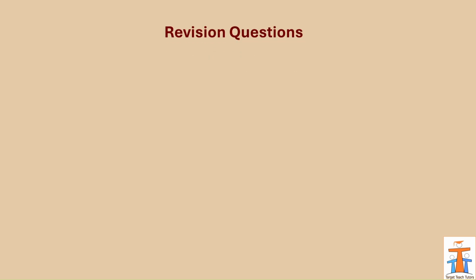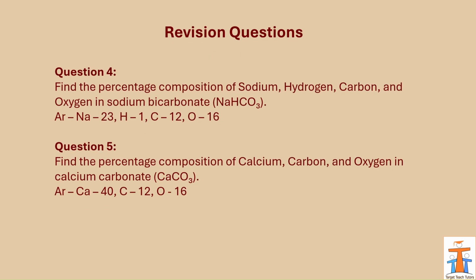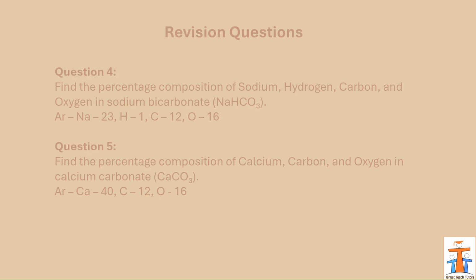Question 4. Find the percentage composition of sodium, hydrogen, carbon and oxygen in sodium hydrogen carbonate. Relative atomic mass of sodium is 23, hydrogen is 1, carbon is 12, oxygen is 16. Question 5. Find the percentage composition of calcium, carbon and oxygen in calcium carbonate. Relative atomic mass for calcium is 40, carbon is 12, oxygen is 16.